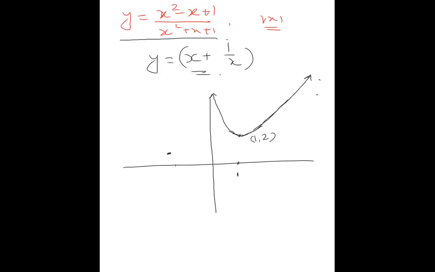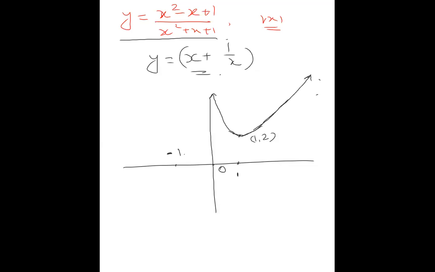Let's suppose I am going for negative values. If I put minus x in place of x, I am getting a minus sign common from both of them, which means this is an odd function, right? If this is an odd function, the graph will be symmetrical about the origin.